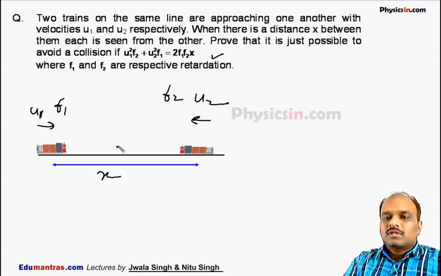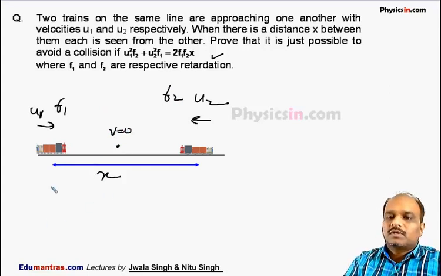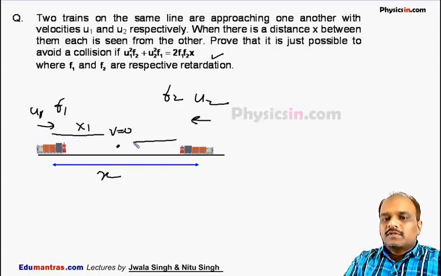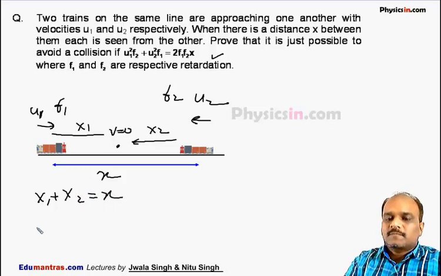Now when there is no collision, let these two trains come to rest at this particular point. Let this train travel distance x1, and let this train travel distance x2. So there is no collision if x1 plus x2 is equal to x. This is the minimum condition.